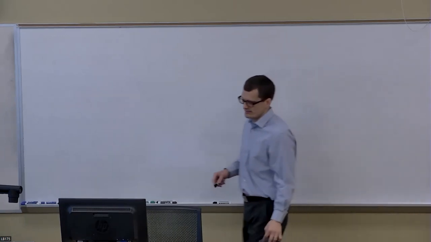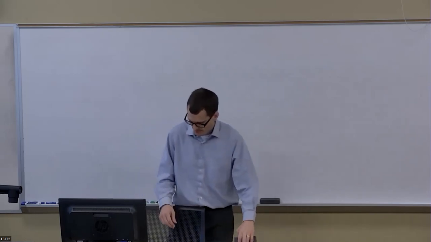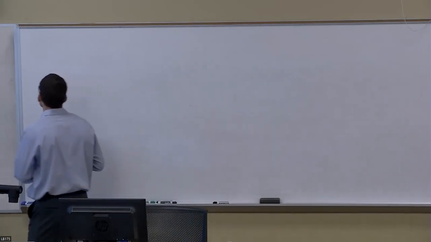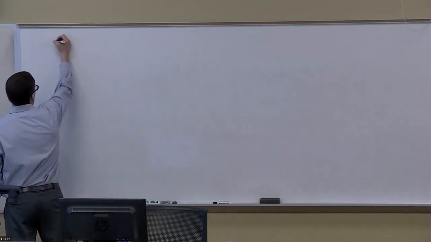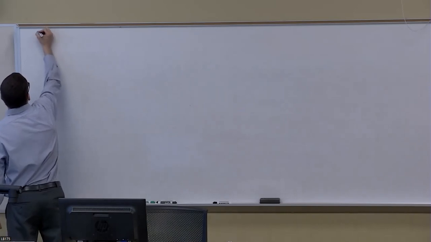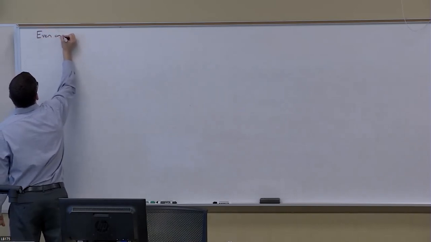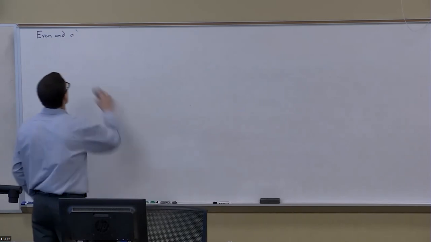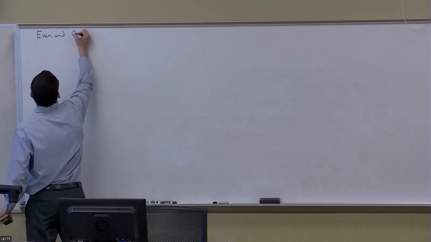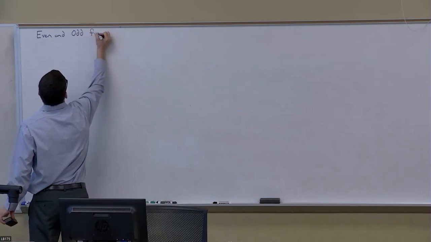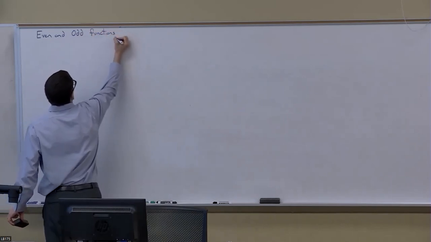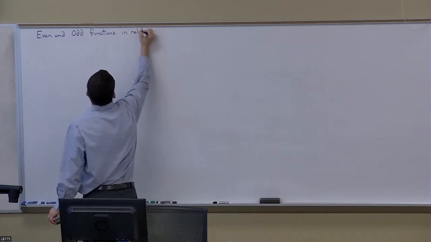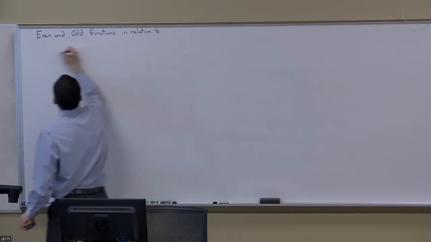Those identities are there. Now the last bit in 6.1 and 6.2 that we're going to cover is the idea of even and odd functions in relation to the trig functions.